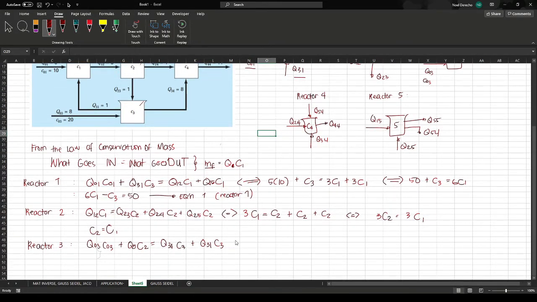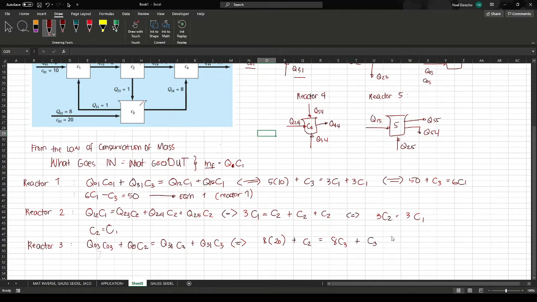Plugging in the values, Q03 is 8 times C03 of 20, plus Q23 of 1 C2 equals Q34, 8 C3, plus Q31 of 1 C3.